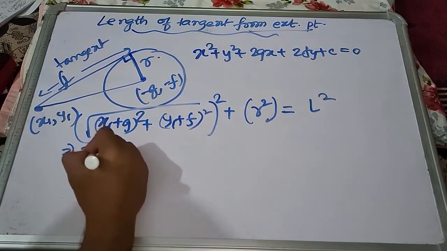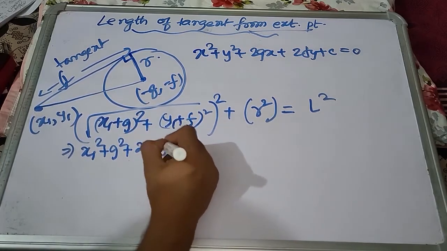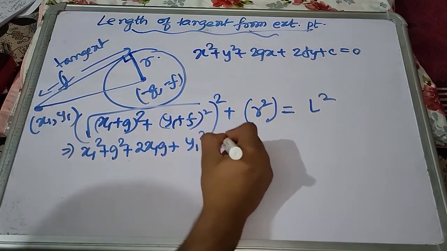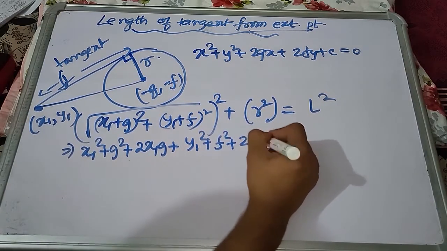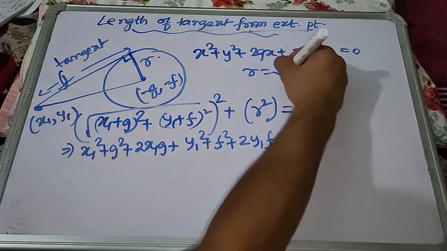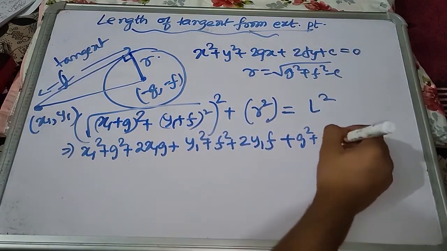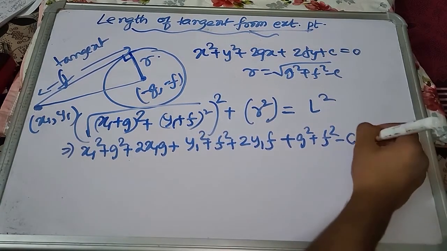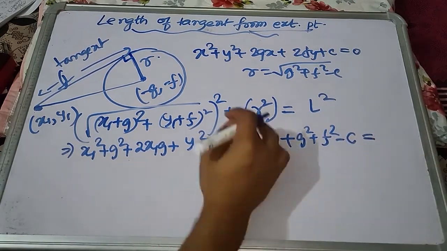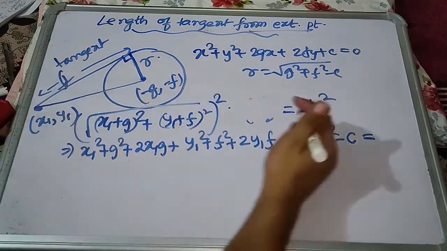So this becomes x1 square plus g square plus 2x1g plus y1 square plus f square plus 2y1f plus r square. What is r? r is root under g square plus f square minus c. So r square equals g square plus f square minus c. So L square equals the hypotenuse square plus r square.